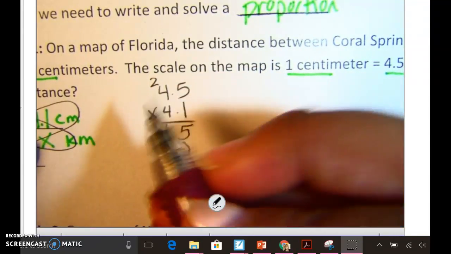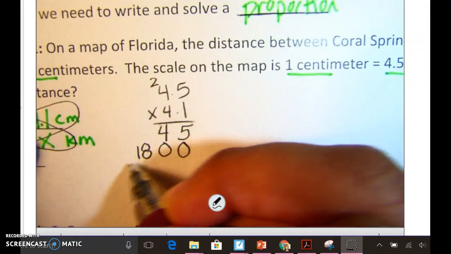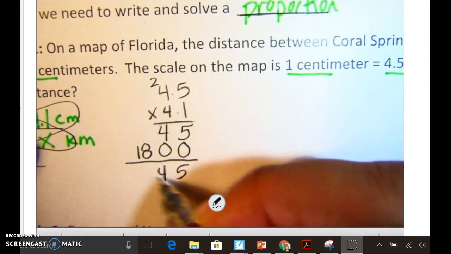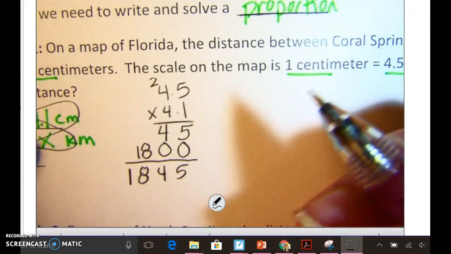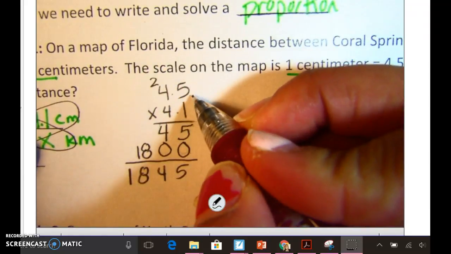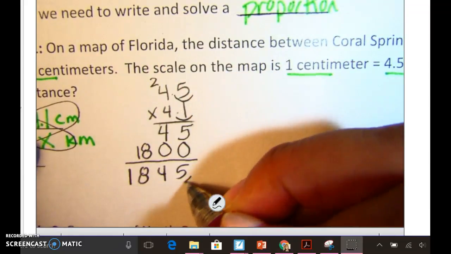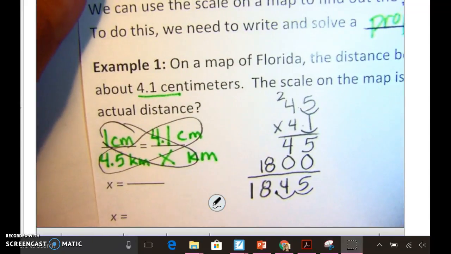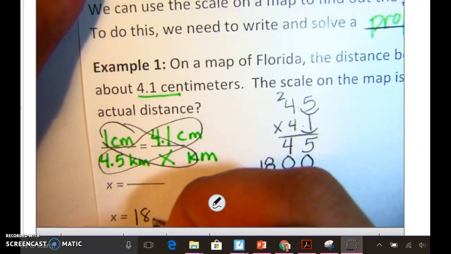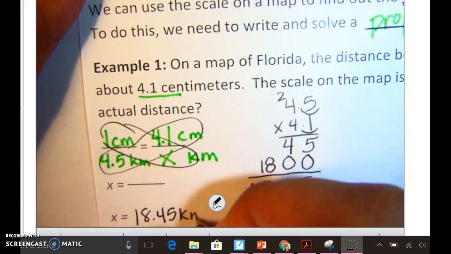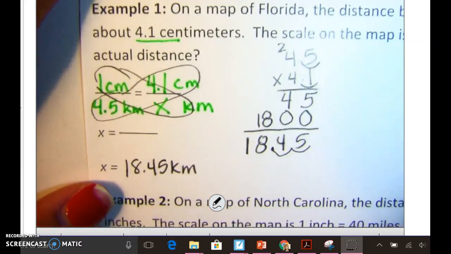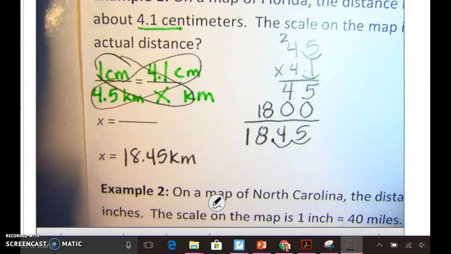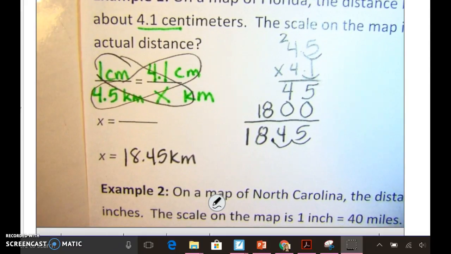It's 16 plus 2 is 18. And then how many decimal places? 1, 2. So I have to go 1, 2. So that equals 18.45 kilometers in real life distance. Okay, let's try the next one.